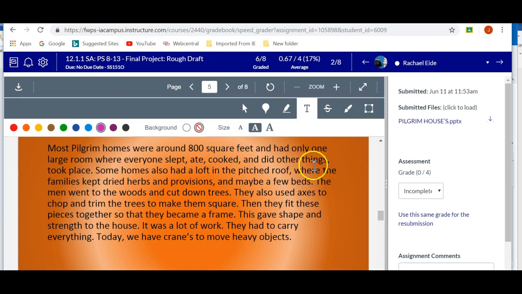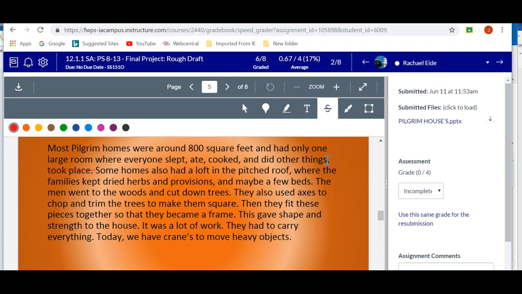You can write and did other things, period. So let us take out this phrase here, took place, okay, and just put a period after and did other things.